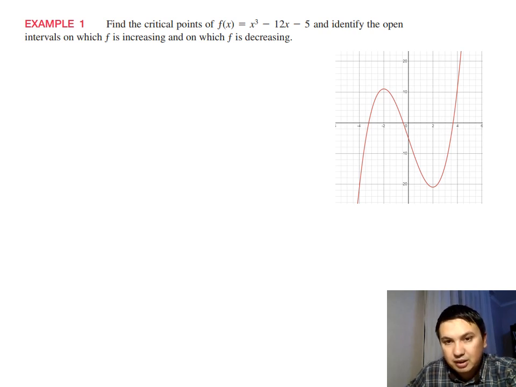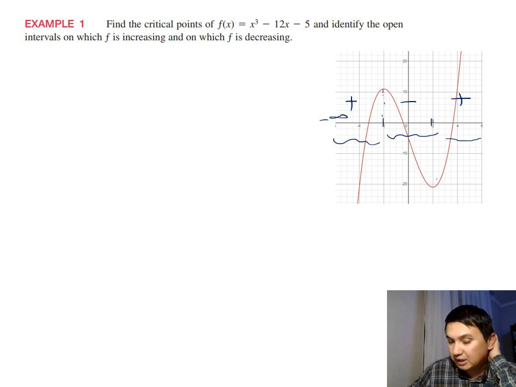But if you look at the graph, we see that from minus infinity up to this point, the function is increasing. If you move from left to right, it's increasing. From this point to here, it's decreasing. And then from 2 onwards, it's increasing again.